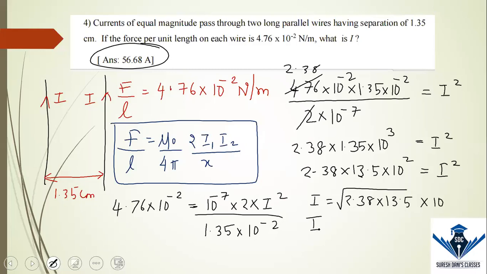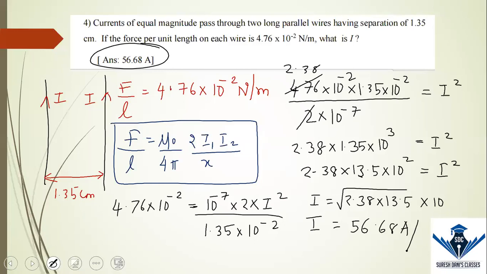So this current comes to 56.68 ampere. This does come out, you can check the calculation. You will have to do this by log, guys. This comes to 56.68 amperes.